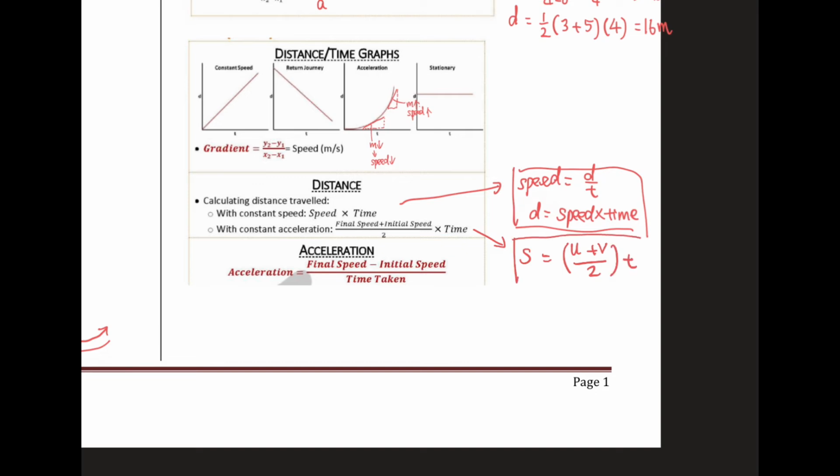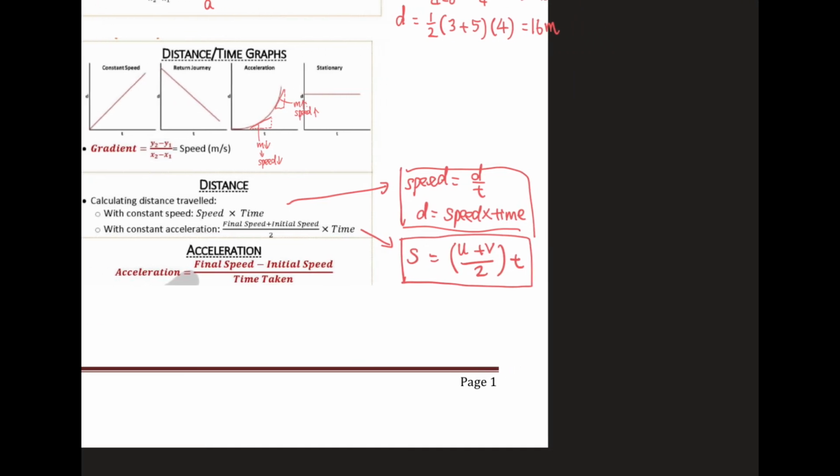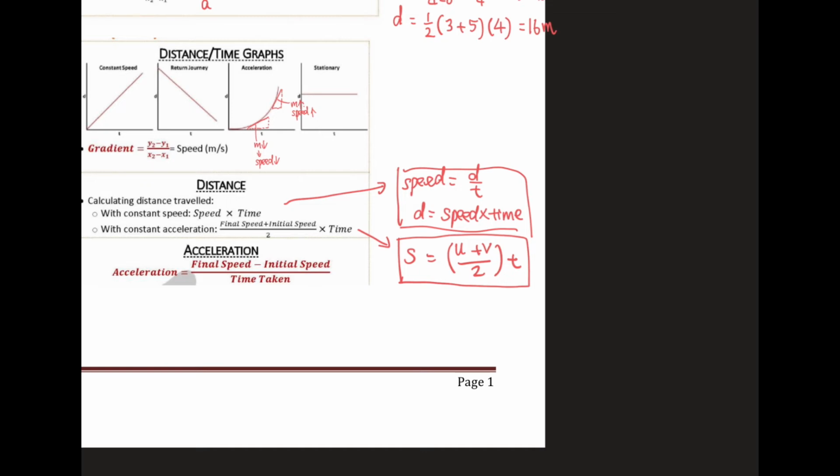So this formula is used when there is an acceleration. So u is initial speed, v is final speed, divided by 2 multiply with time.